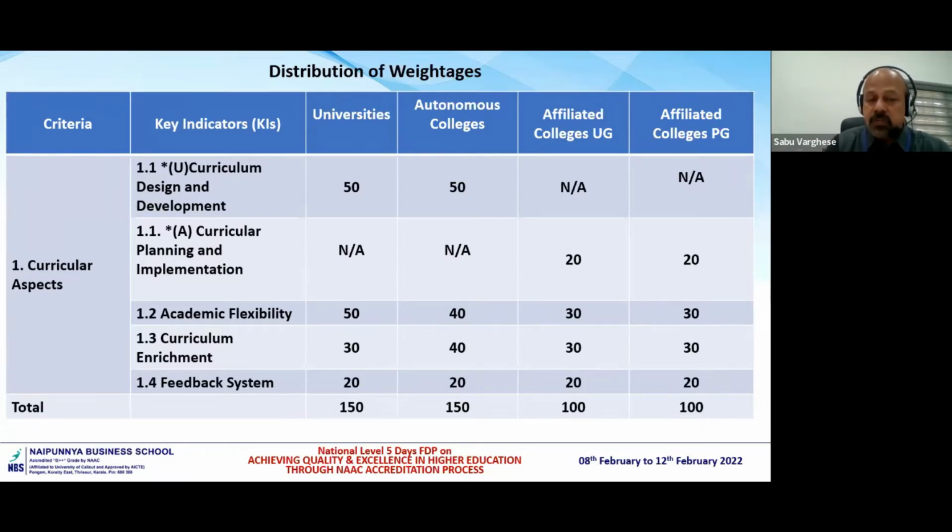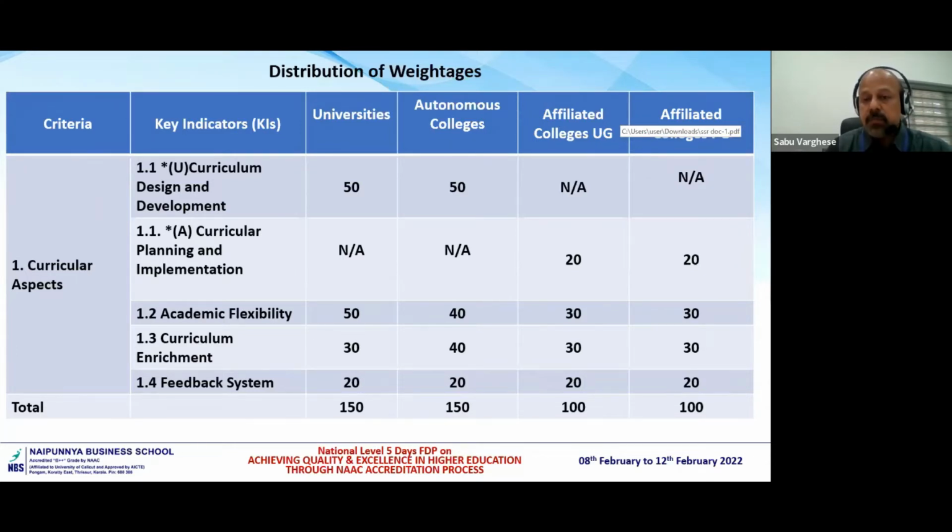So for colleges which are not autonomous, we focus on curricular planning and implementation. The second key indicator is 1.2, which has 30 points for UG or PG colleges. For a university it is 50, and for autonomous it is 40. So it varies.